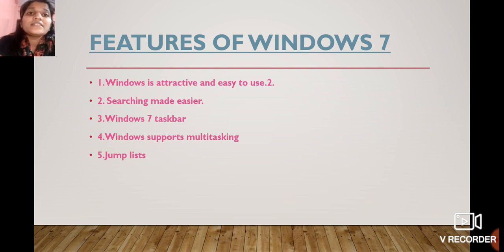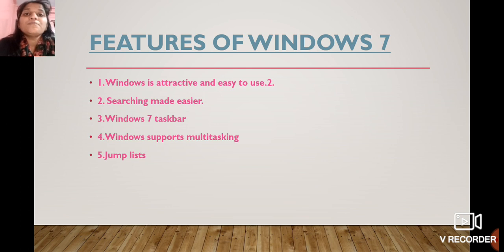At the bottom of the starting window there is one bar with the programs, which is known as the taskbar. So it is also one of the features of Windows 7. Fourth, we have seen that Windows supports multitasking. Multitasking means, students, that at one time it can run more than one program.